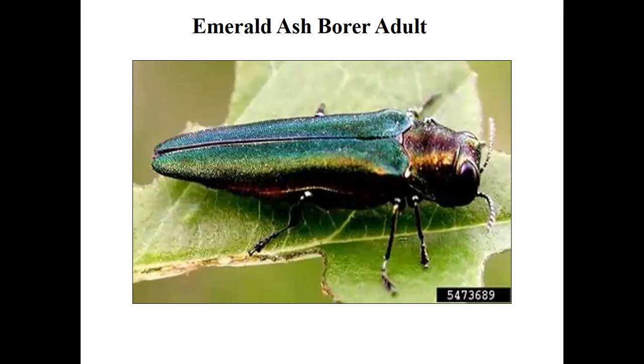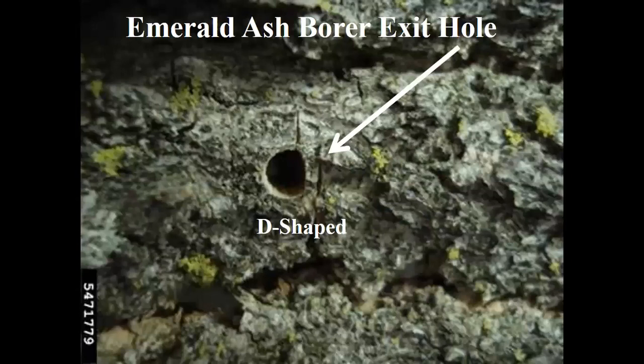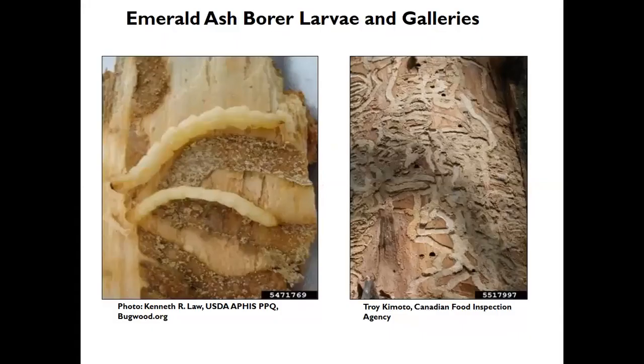It's the larvae, the creamy white larval stage, that feed below the bark and cut off the living water and nutrient conducting vessels, causing tree death. As a larva pupates and emerges as an adult, it creates a little D-shaped hole. These are pictures of the larva.